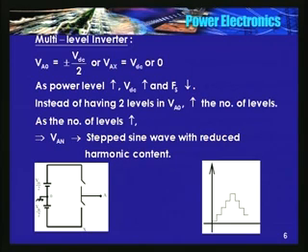I told you that as the power level increases, the magnitude of DC link voltage may also change. See, there are 415 volt motors, 3-phase induction machines. There are 1.1 kV 3-phase induction machines. There are 3.3 kV induction machines, 6.6 kV induction machines.